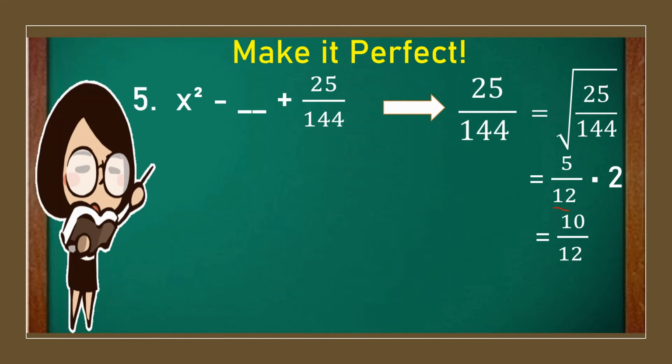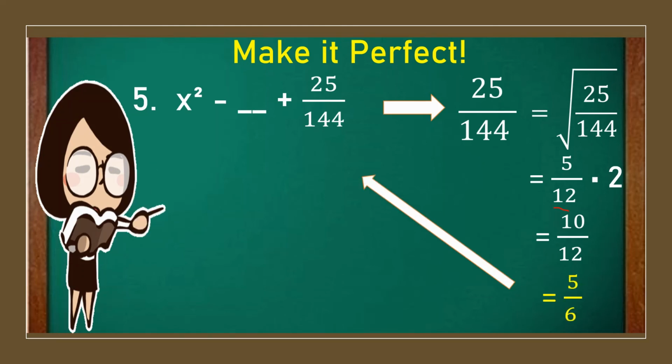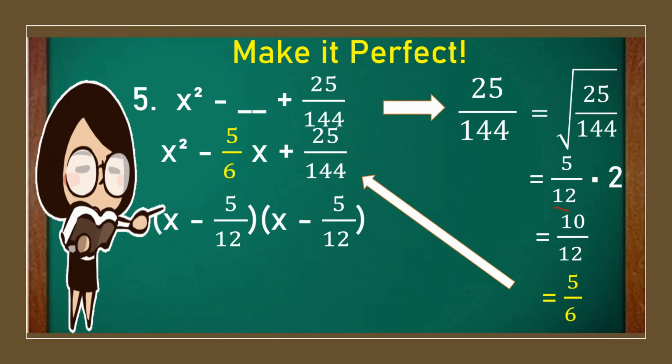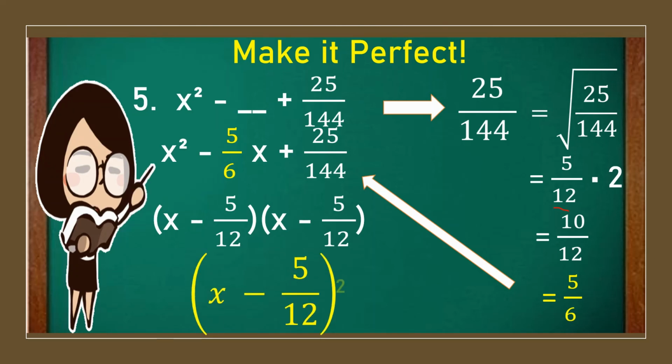And get the lowest term. And that will be 5 over 6. Our perfect square trinomial is x squared minus 5 over 6 x plus 25 over 144. Yes, and that will be our middle term. So the factors are x minus 5 over 12 times the quantity x minus 5 over 12. And the square of binomial is x minus 5 over 12 quantity squared.